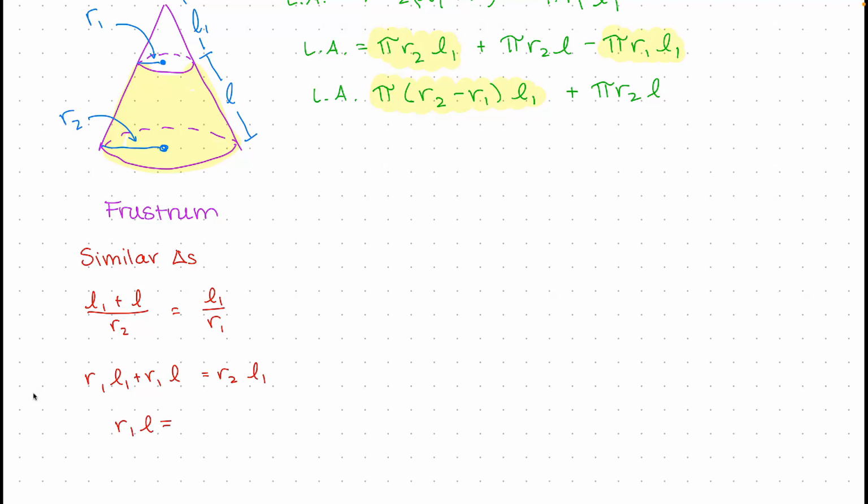And I will have R2 L1 minus R1 L1 on the right-hand side, where I can factor out the L1 and have R1 L equals R2 minus R1 times L1. Why the heck did I do that? But any questions of what I did there?